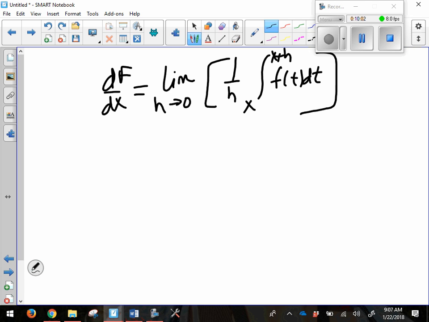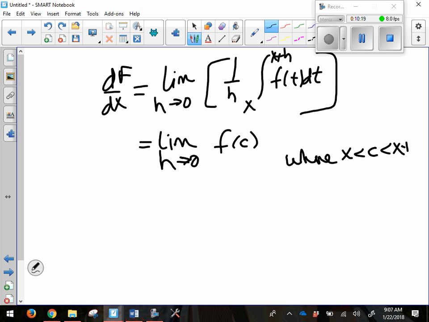That's the average value. The mean value theorem tells me that my function has to take on the average value at some point c, where c is on the interval. So c is going to have to be between x and x plus h, right?